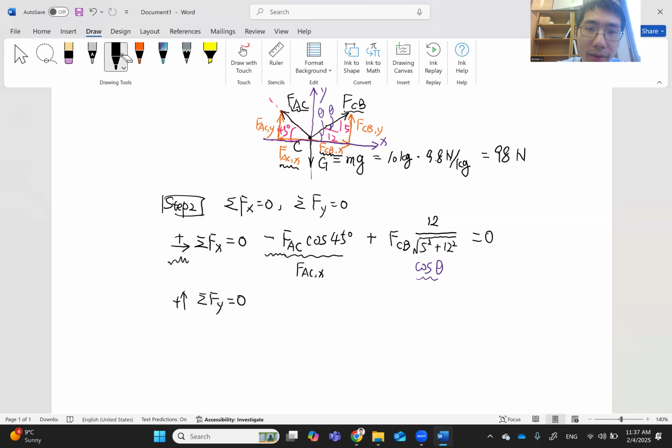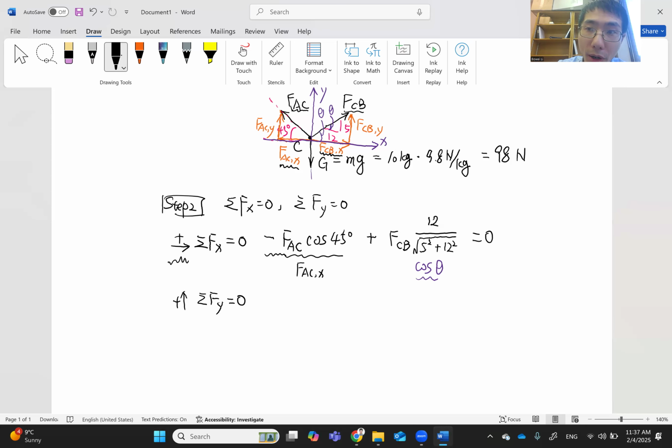First, FACY. It is in the right angle triangle here, and FACY is the opposite or the adjacent to 45 degrees here? Please note, now it is the opposite, right?